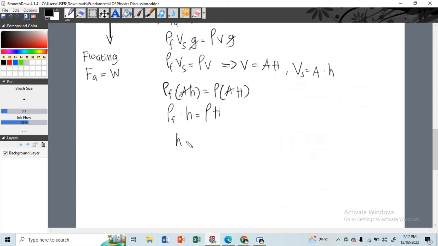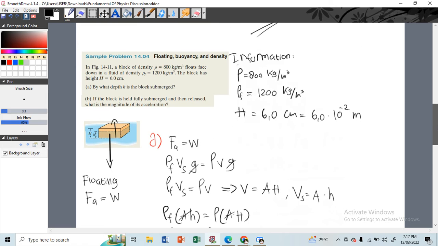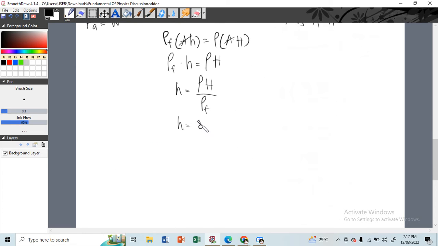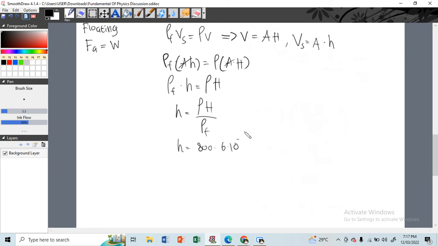So to find h, we get the equation rho times capital H divided by rho f, which is 800 times 6 times 10 to the power of minus 2 divided by 1200.